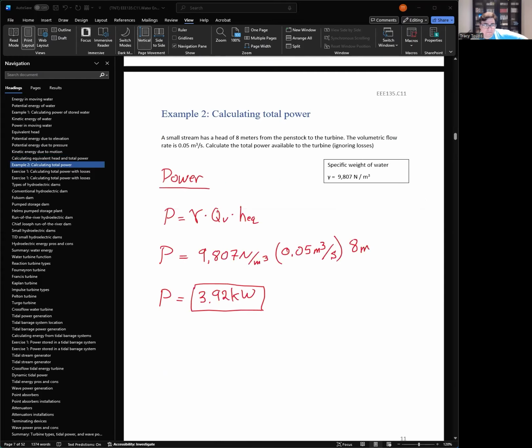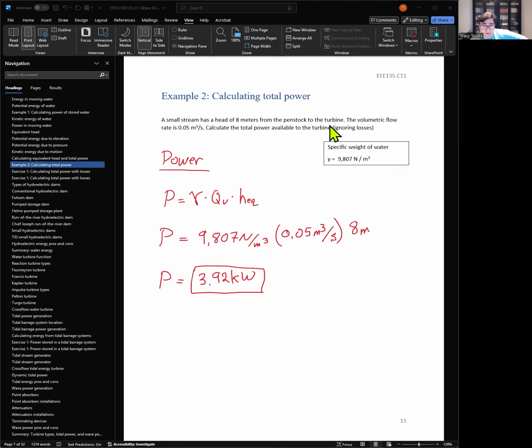So let's go ahead and do a quick example to calculate the total power of the water behind a dam. So let's say we have a small stream. We have a little mini dam on the stream. The stream has a head of 8 meters from the top of the penstock pipe to the bottom of the turbine. So the height difference is 8 meters.